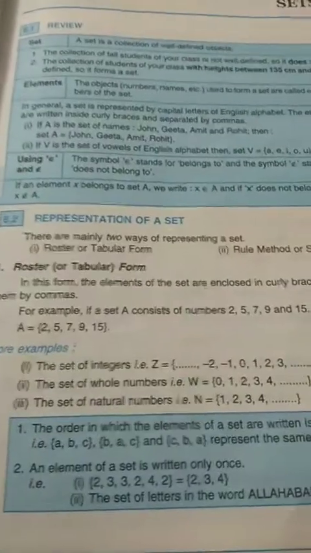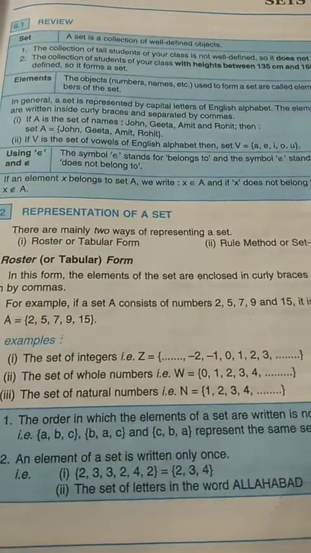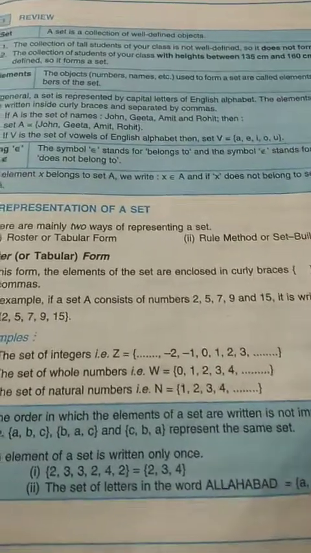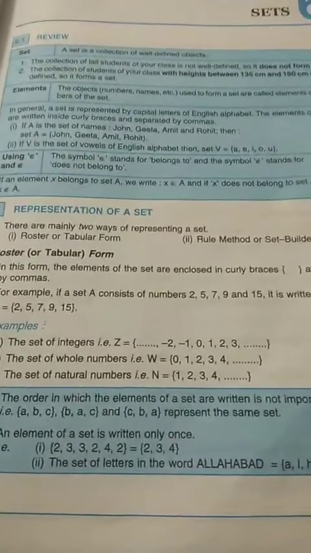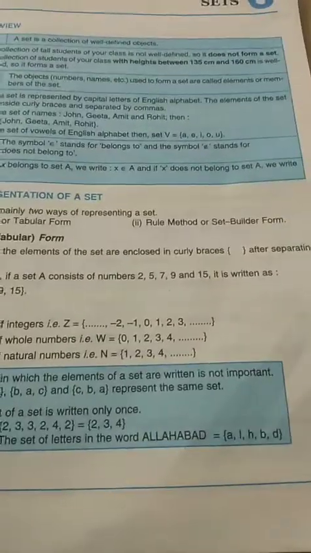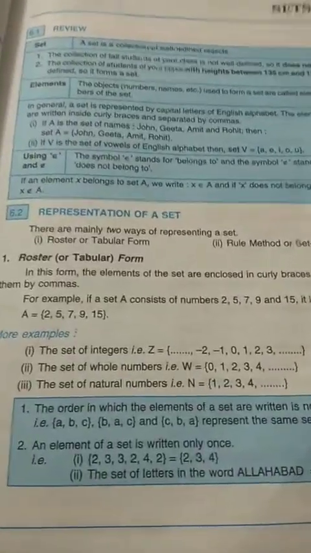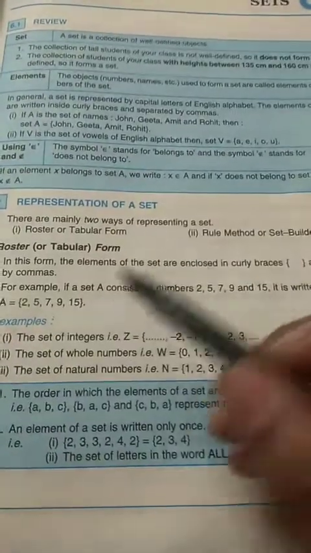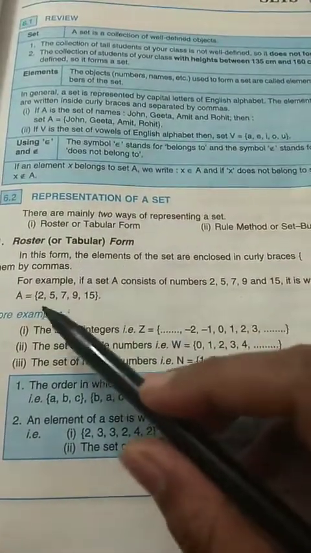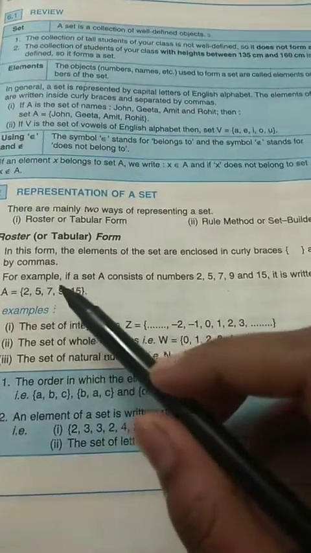In roster form, the elements are enclosed in curly brackets or curly braces after separating them by commas. They have given an example.